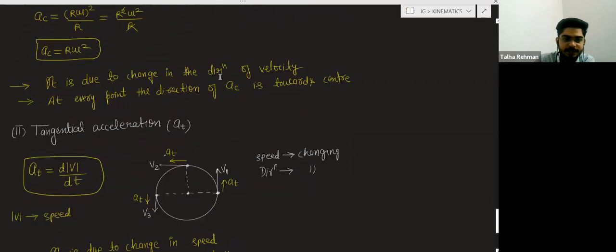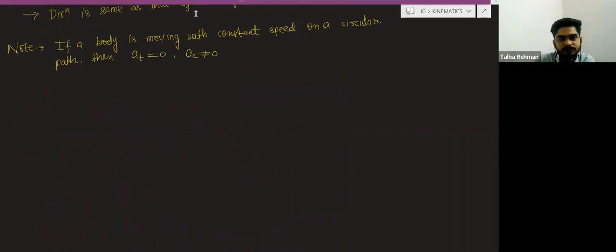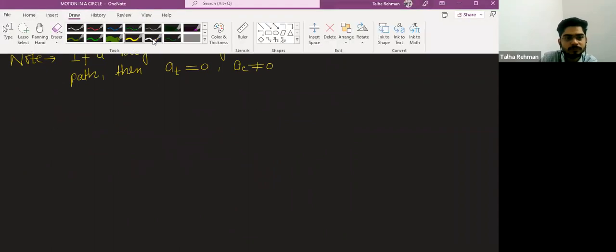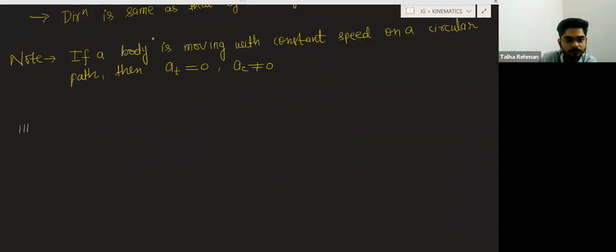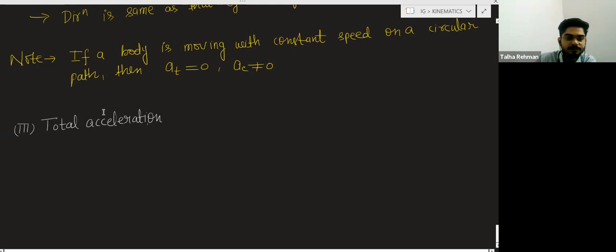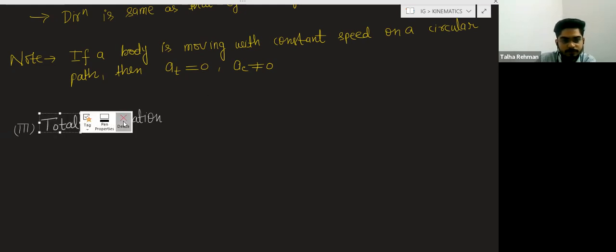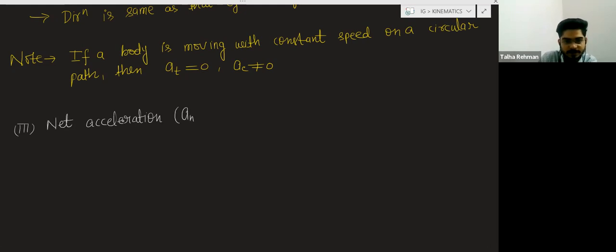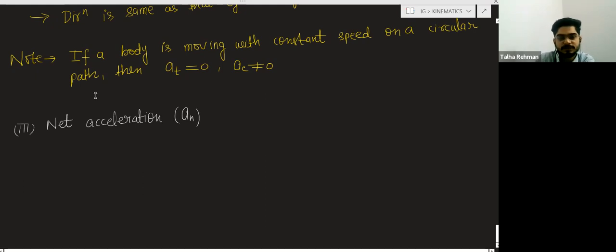Third is the total acceleration, or you can write the net acceleration. I will represent it with AN, net acceleration.